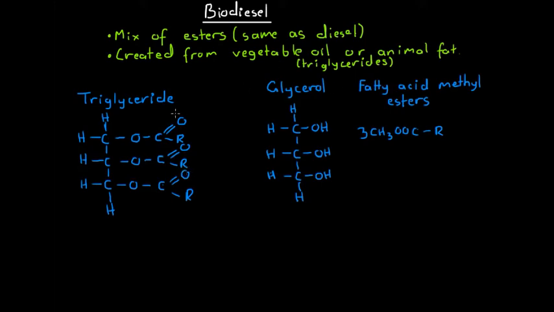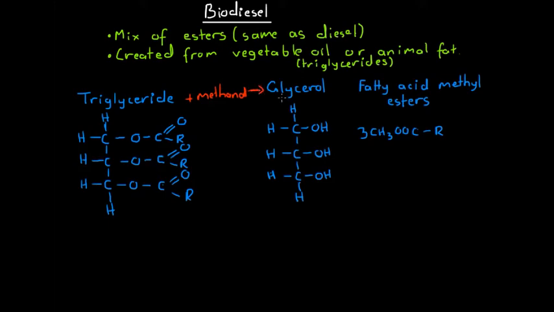So what happens with these triglycerides, with these vegetable oils and animal fats, is that they react most often with methanol. So if we write in here plus methanol, then the reaction that we use when we're dealing with biodiesel is we take our triglycerides and react them with methanol.